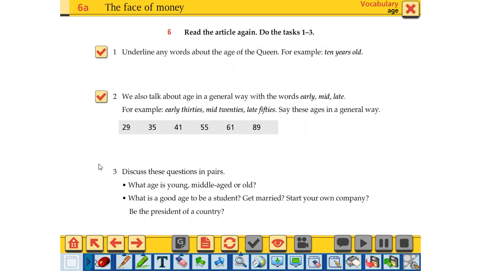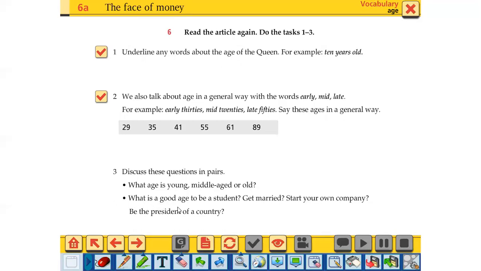Esto depende de la cultura, ¿no? ¿Qué edad es joven, de mediana edad o viejo? Eso tiene que responder aquí, de acuerdo a lo que piensa, ¿no?